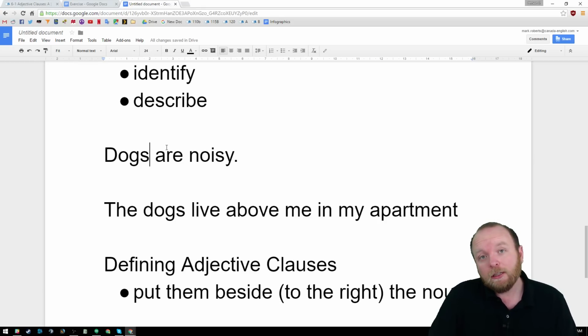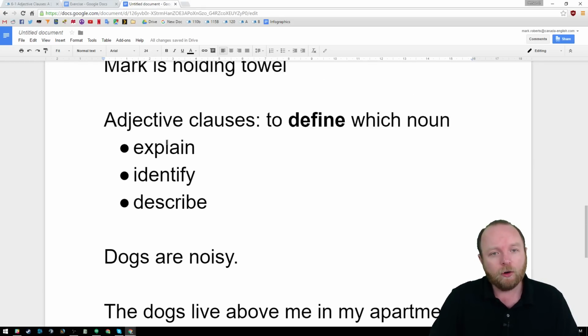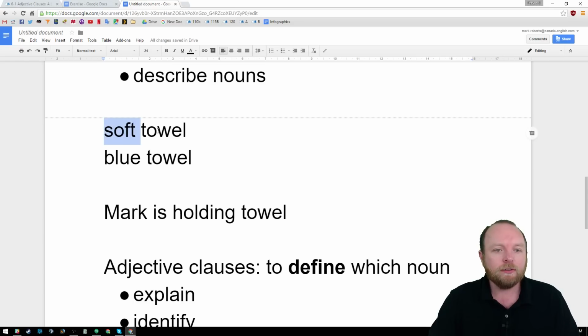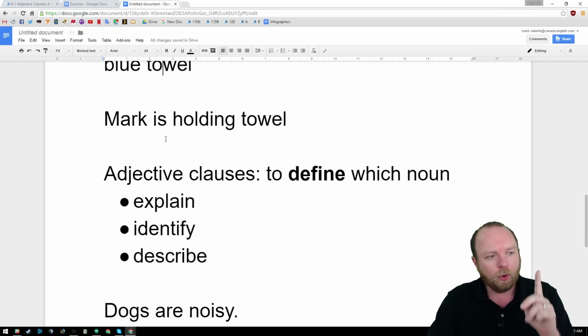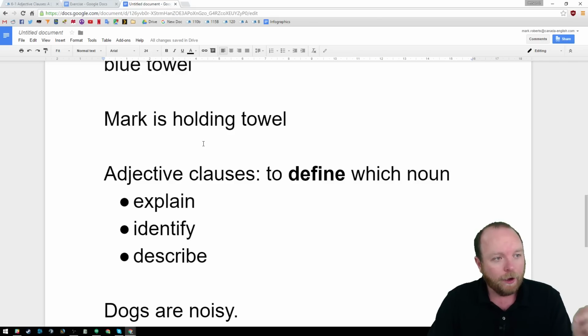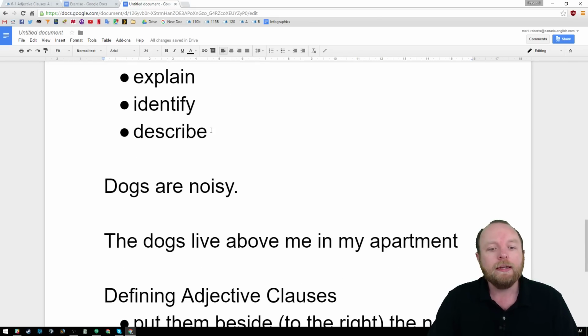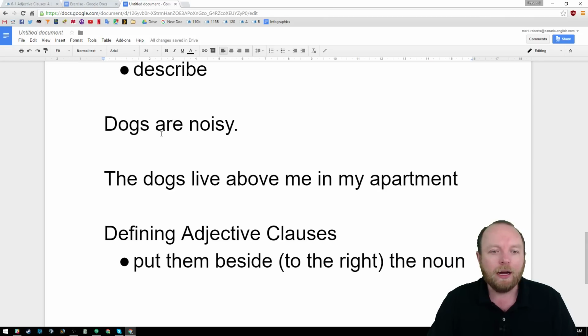Okay, and this is really different, right? Because before we talked about adjective noun, right? Soft towel, blue towel. But with adjective clauses, a very important rule, guys, listen, is adjective clauses must go to the right of the noun, right here. This information describes this word. So we must put the information here.